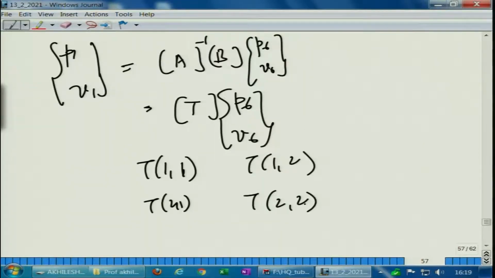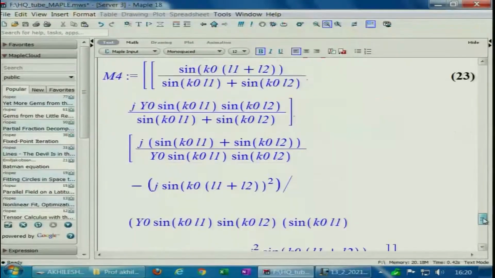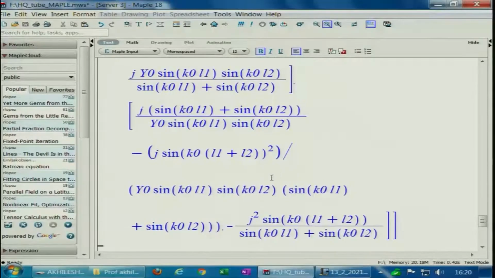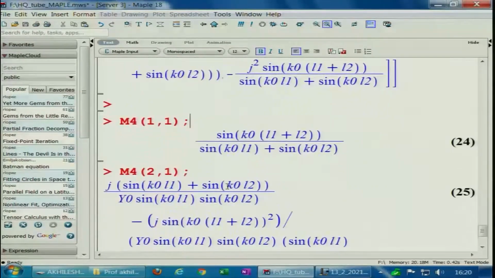So, what is T11 and T22? That is basically J Y0 into S1 S2 divided by S1 plus S2. So, S1 plus S2 is always common, and we can just take it out of the matrix. And this is your minus J square. So, minus into minus will become plus sine of K0 L1 plus L2 divided by S1 plus S2, and this is the expression that is present here, given by M421.